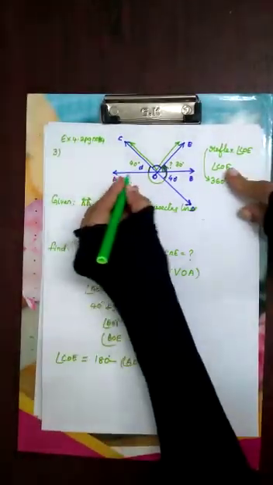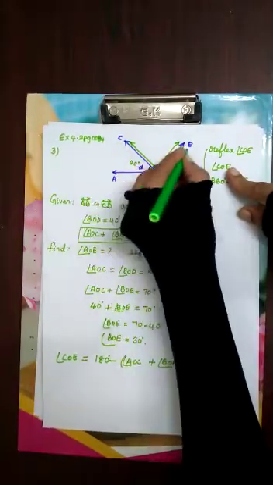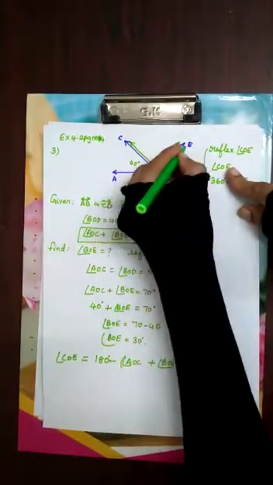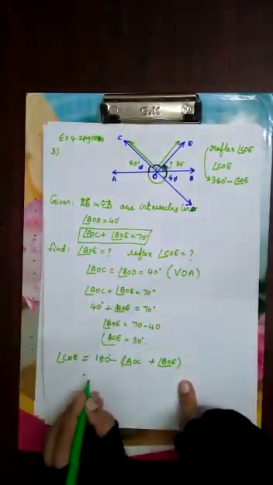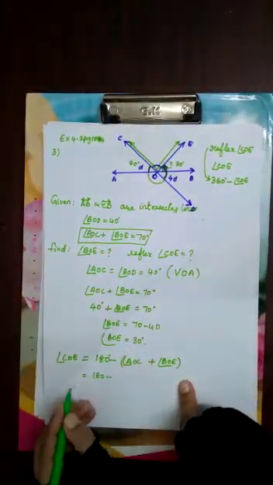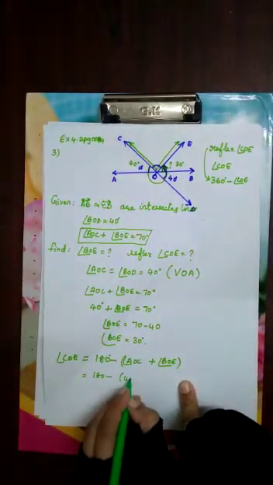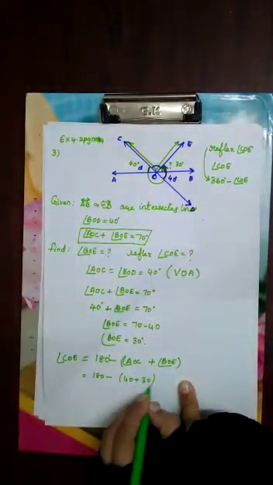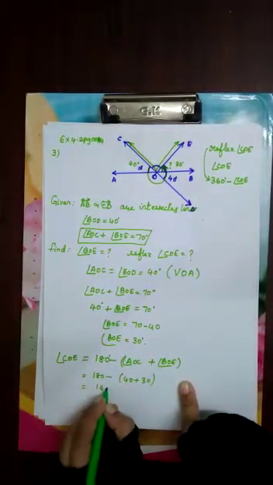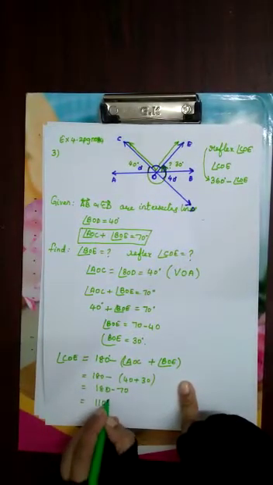See, from this complete area, we have to remove these two angles. Then we will get angle COE. Is that clear, children? So this is equal to 180 minus angle AOC, we got it as 40 degrees, plus BOE, we found it as 30 degrees. So it is 180 minus 70, that is equal to 110 degrees.